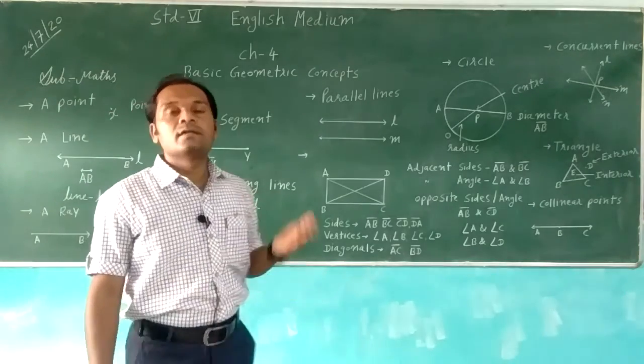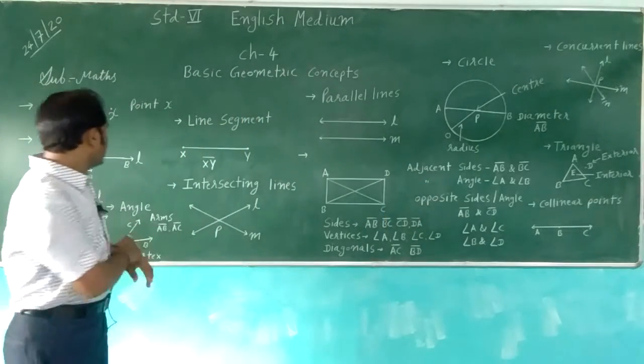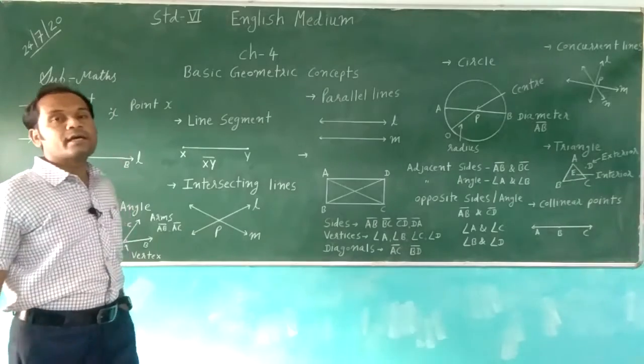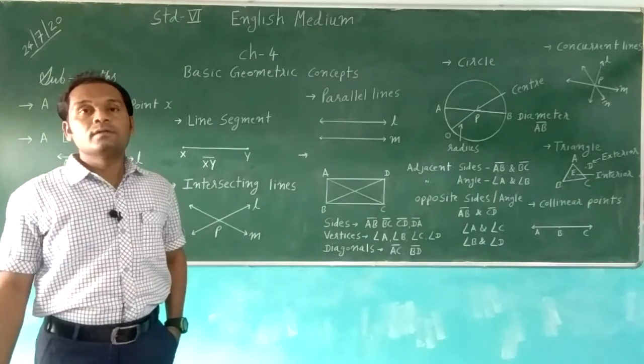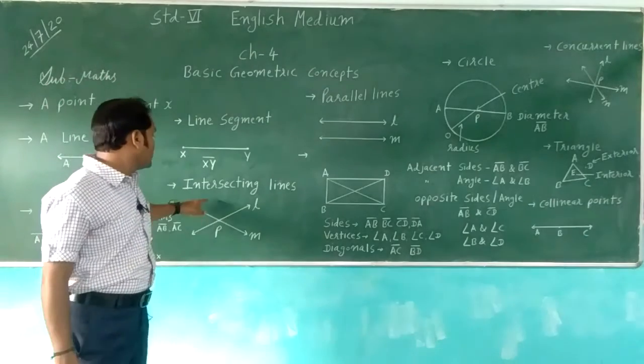Now next thing is intersecting lines. Two lines are meeting at one point. They are crossing at one point. It is called intersecting lines.